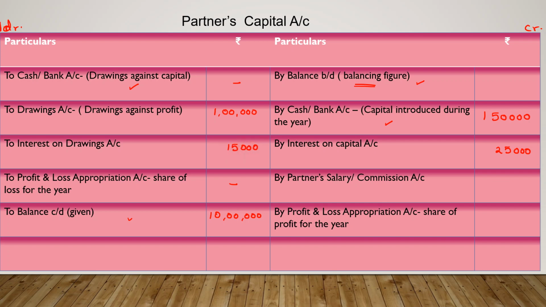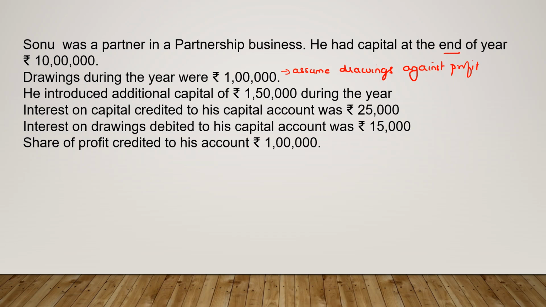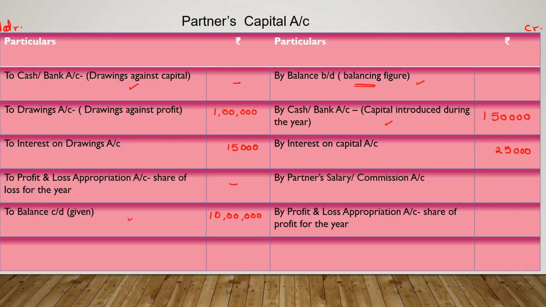And there was no other information available. That's it. There was a share of profit of 1 lakh. So during the year there was a profit. So that got credited here, 1 lakh. That's it. No commission or remuneration to partner. As per this solution, total it up. 11,15,000 is the total. Write it on the other side.